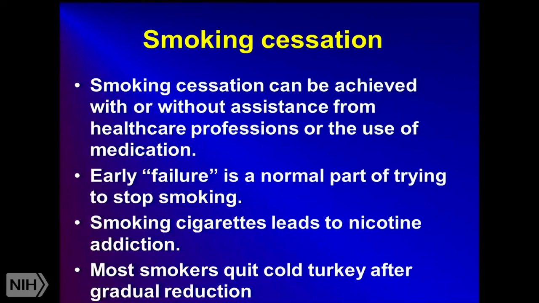But eventually, it does work, and people will stop smoking. And smoking cigarettes certainly leads to nicotine addiction, but ultimately, the way most smokers quit is they just quit cold turkey after a gradual reduction in the number of cigarettes that they utilize each day.